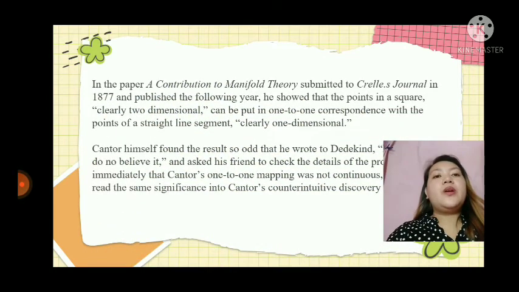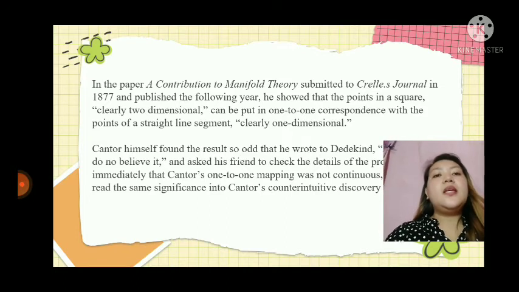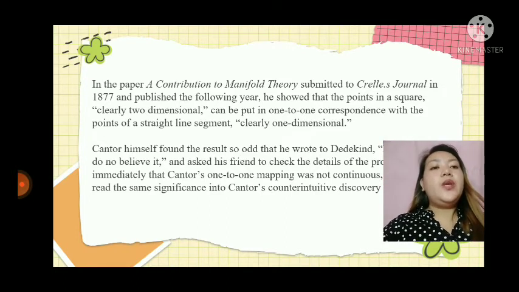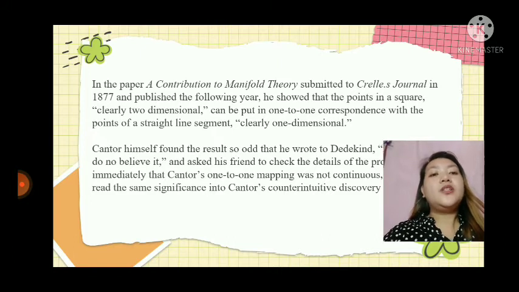In a paper, a contribution on manifold theory submitted to Crelle's journal in 1877 and published the following year, Cantor showed that the points in a square, clearly two-dimensional, can be put in one-to-one correspondence with the points of a straight line segment, clearly one-dimensional.